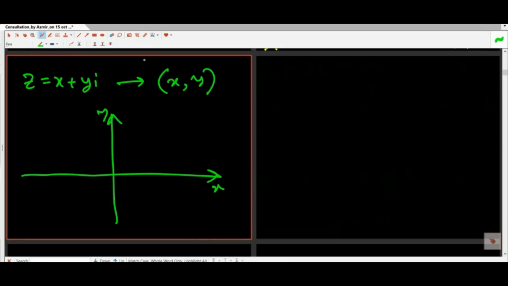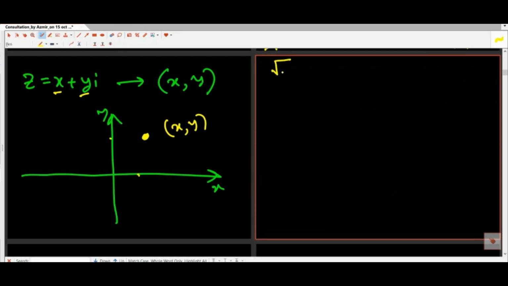So let's say this is x and this is y. So we have the point x comma y. But remember, here x and y are real numbers. i is the imaginary unit whose value is root over negative 1. So i equals root over negative 1.